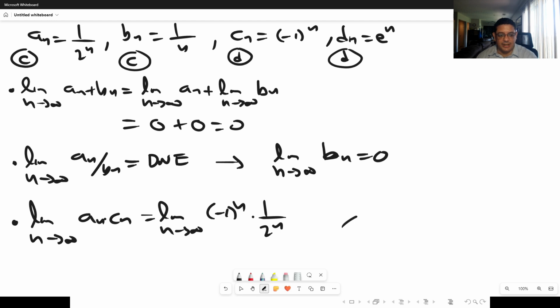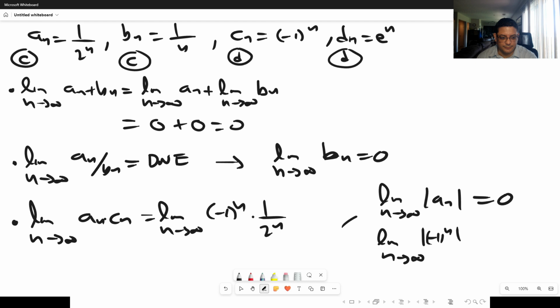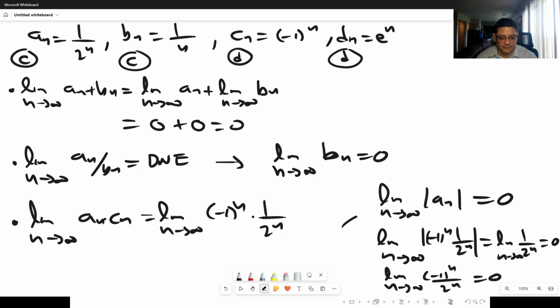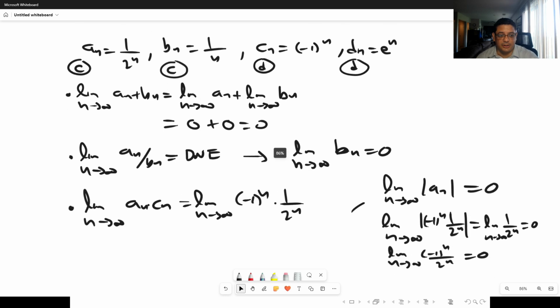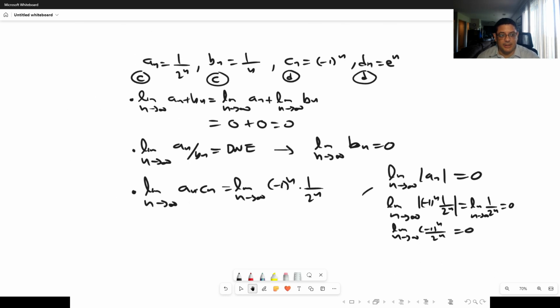But remember that I can use the fact that the limit when n goes to infinity of the absolute value is 0, and that implies that the limit of this is going to be 0. The absolute value of this is just the limit when n goes to infinity of 1 over 2 to the n, and this is just 0. So that implies that the limit of the whole sequence is 0, and that's the use of that property there. Now let's go to the next one.